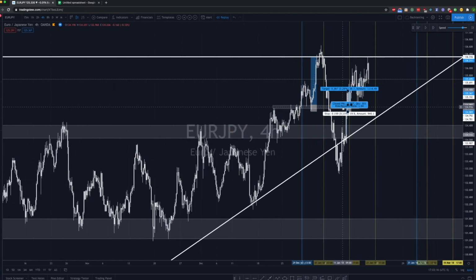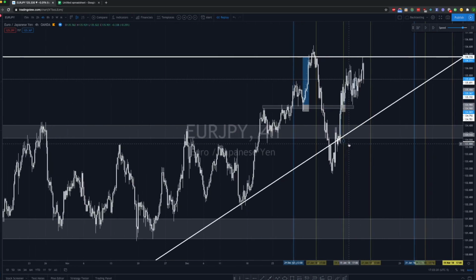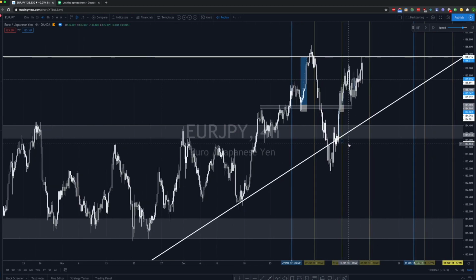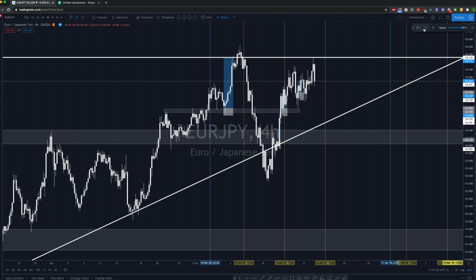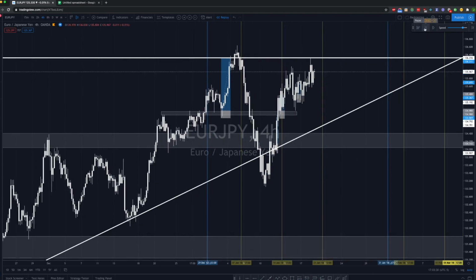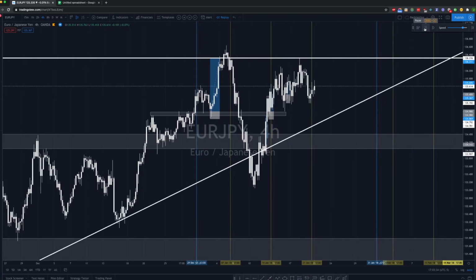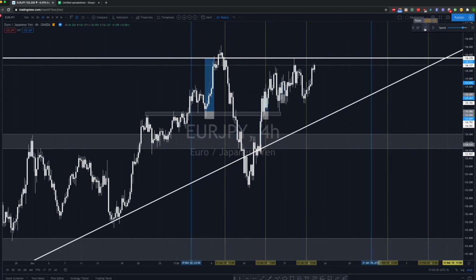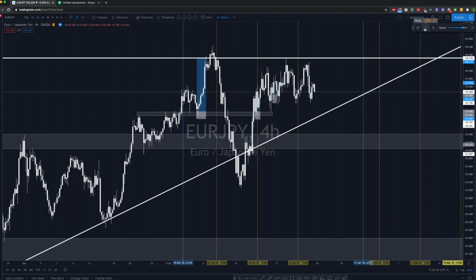So I'll jump back to the higher time frame to see what price action is saying. Let's just leave it for a bit and see what's going on. Lots of consolidation.